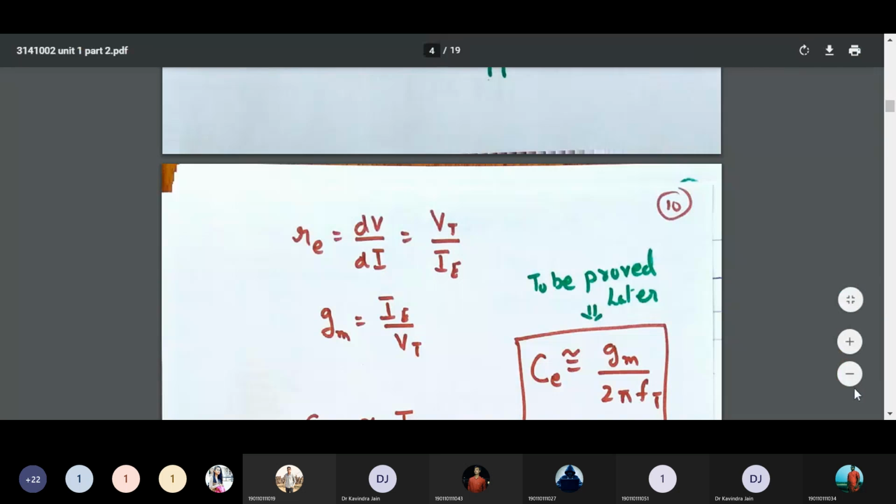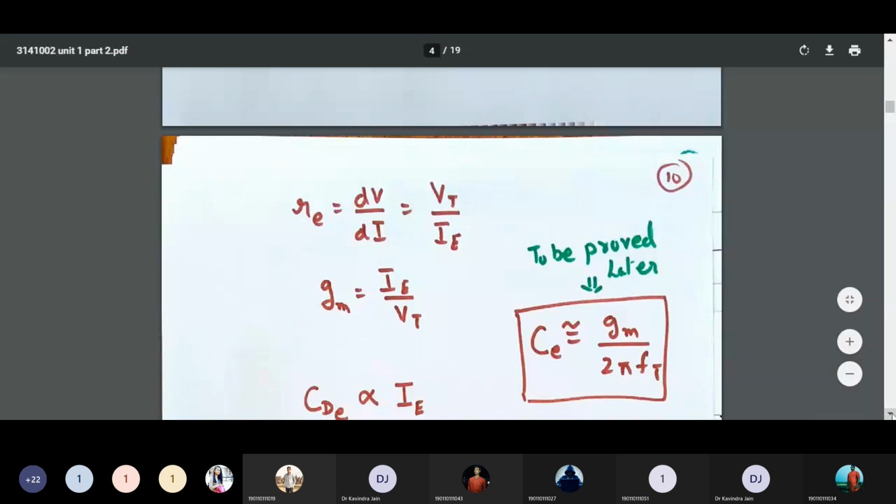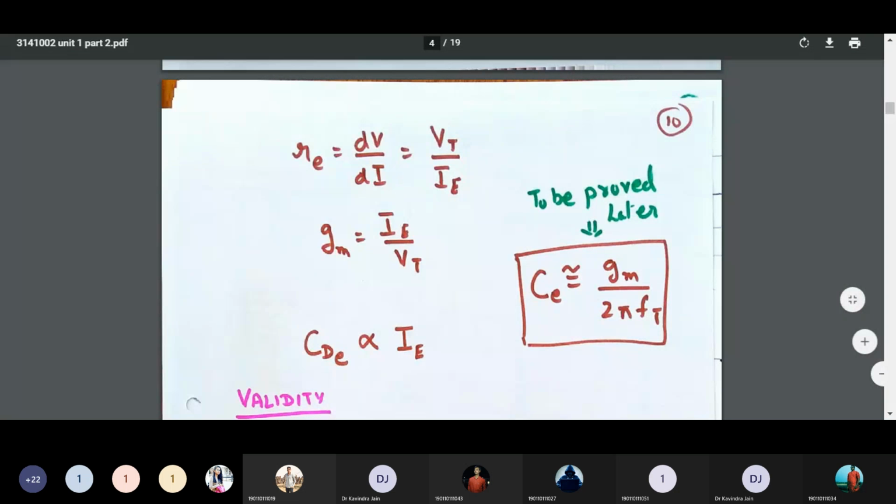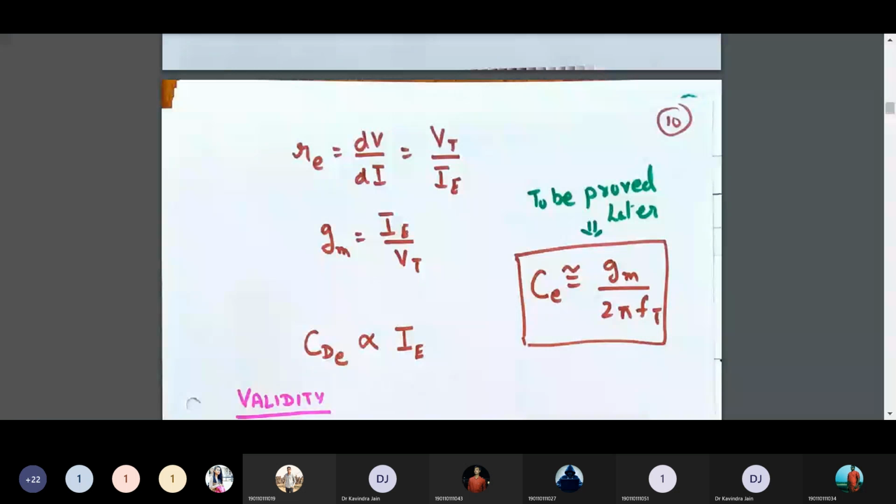The final conclusion that we conclude from this article is only one thing, and that is this. CDE is directly proportional to the emitter bias current IE. That's it. In case of a common emitter configuration at higher frequencies, considering the hybrid pi model, my IE is directly proportional to CDE.